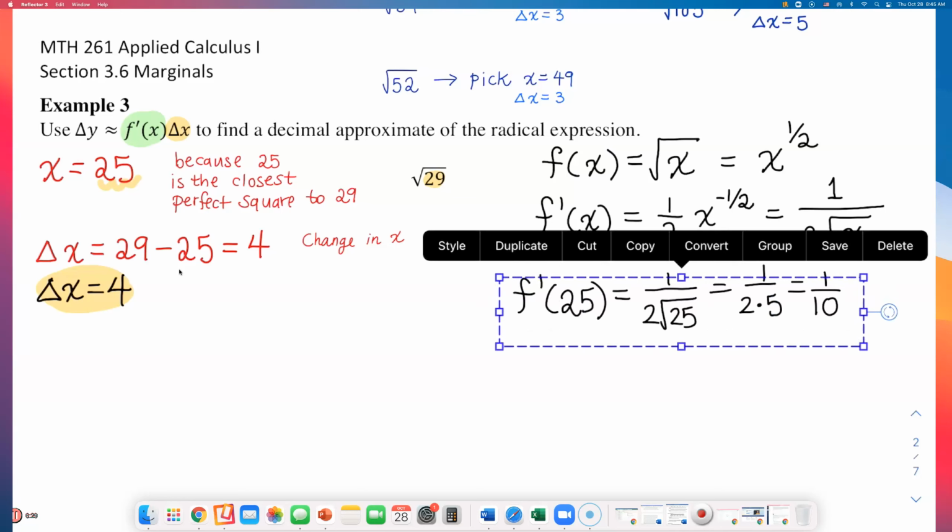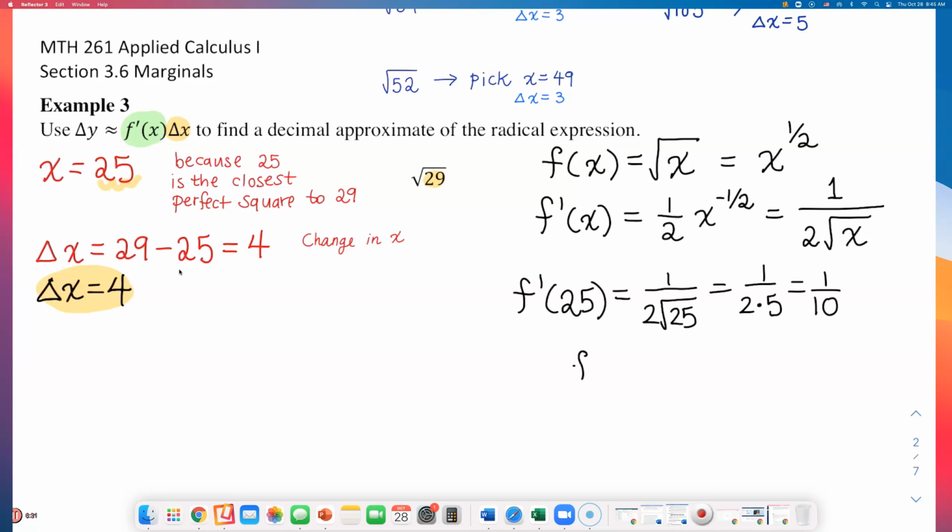Okay. So I'll go ahead and say f prime of 25 equals 1 over 10. And this is that green piece in the formula. So I can find what delta y is. I can find the change in y.